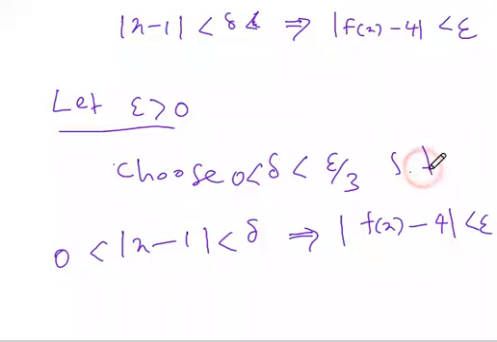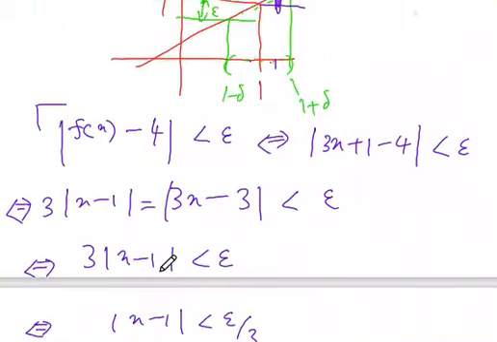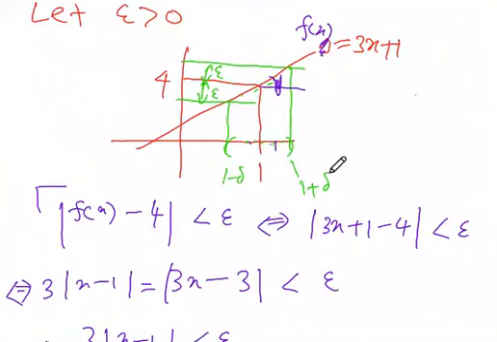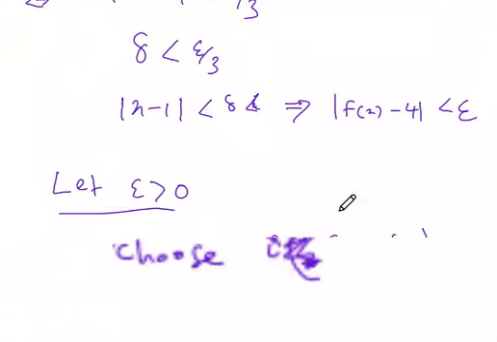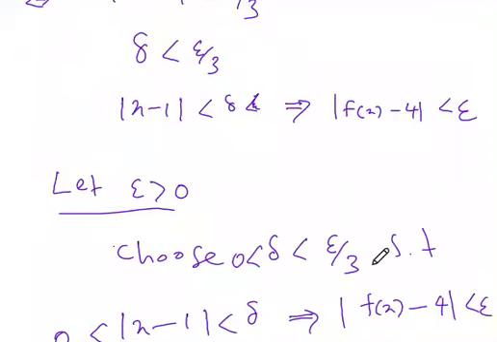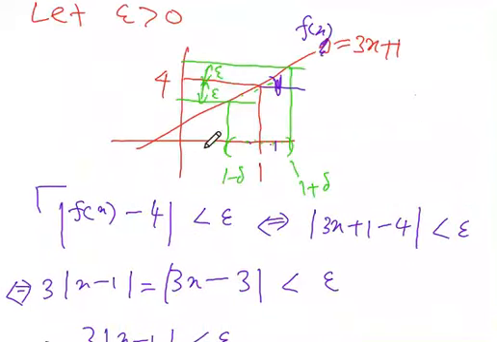We identified this delta, and that delta depends on epsilon, because this delta should be less than epsilon over 3. So we pick a delta.